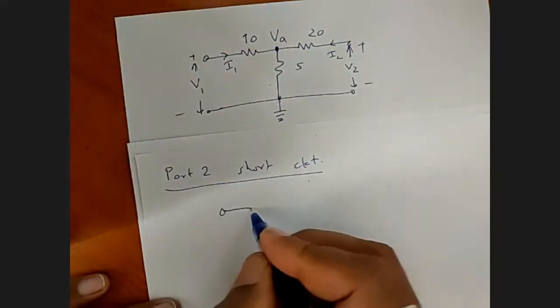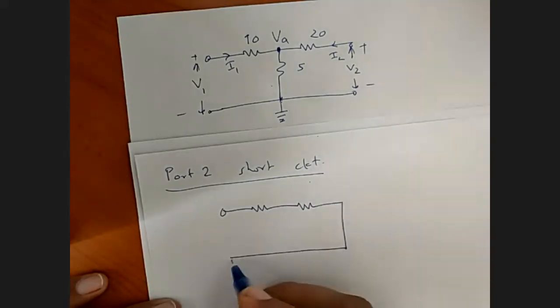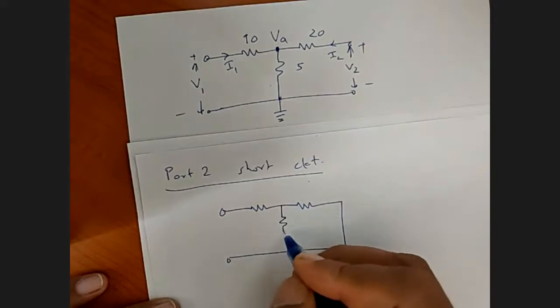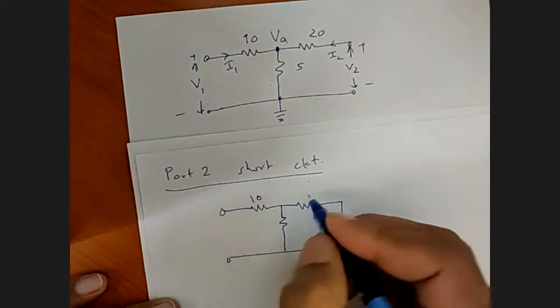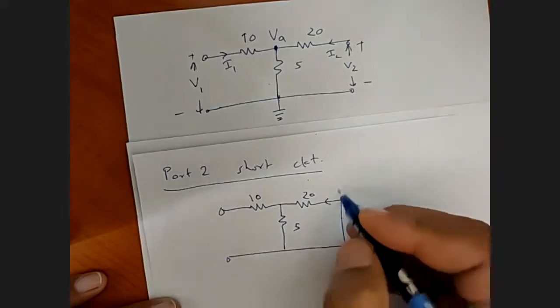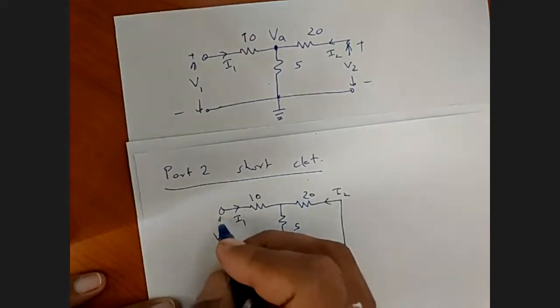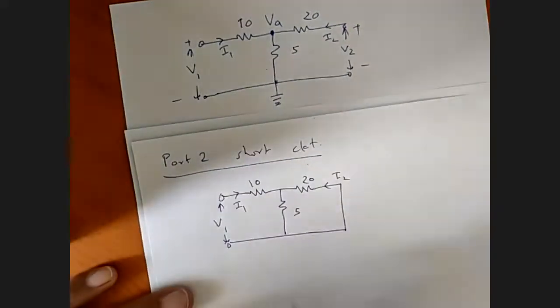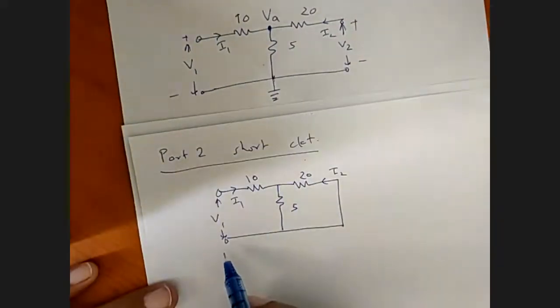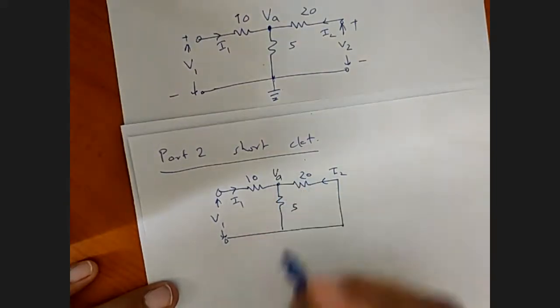So this circuit will reduce to so this will be considered as VA.